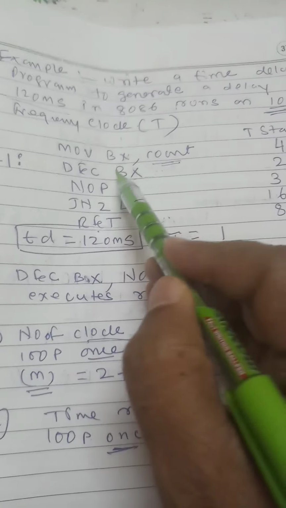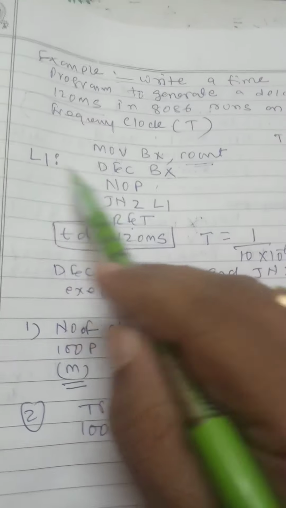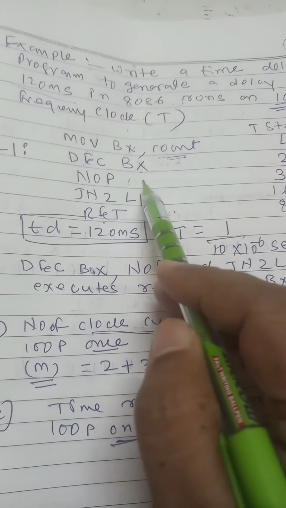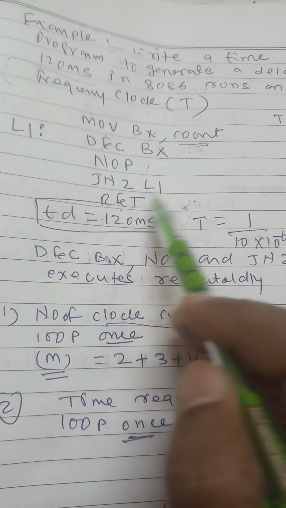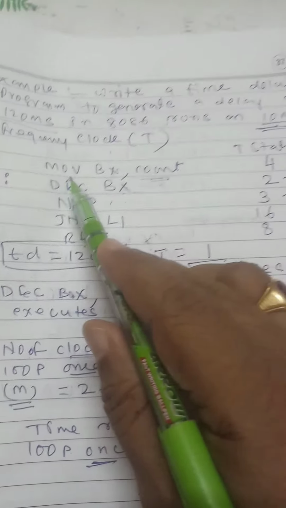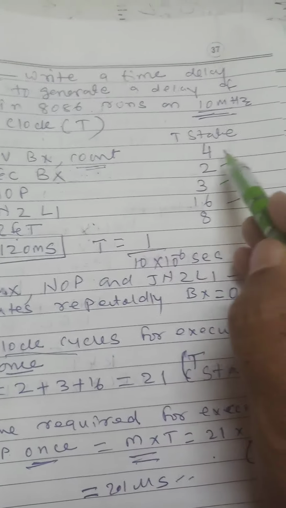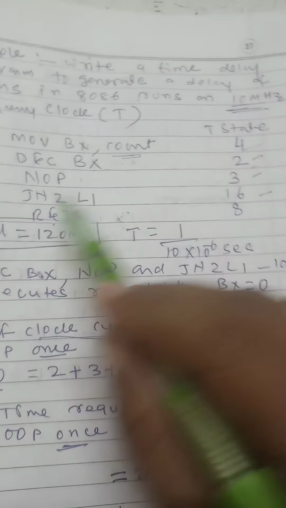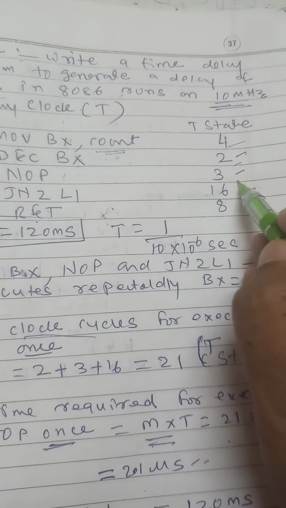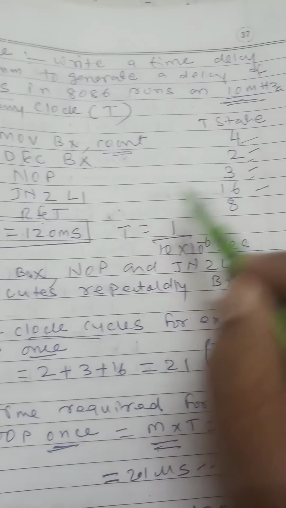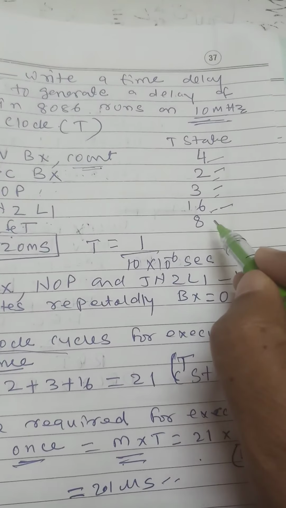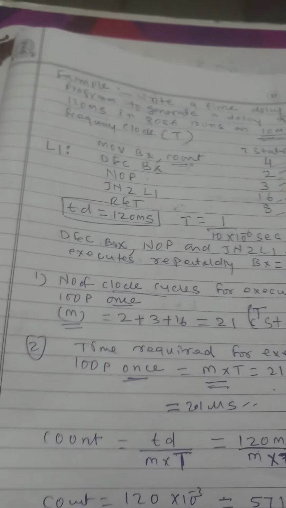MOV BX, COUNT, then label L1: DEC BX, NOP, JNZ L1, RET. Here you can observe MOV BX, COUNT requires 4 T states, DEC BX requires 2 T states, NOP requires 3, JNZ L1 requires 16, and RET requires 8 T states.